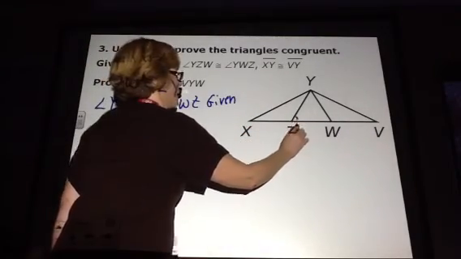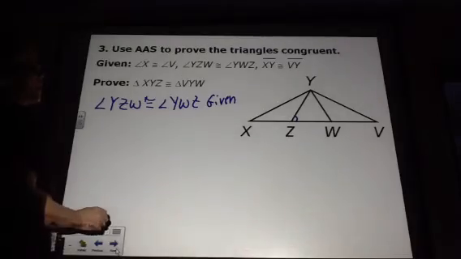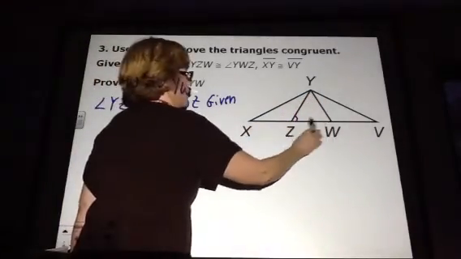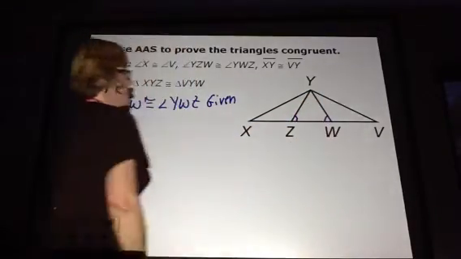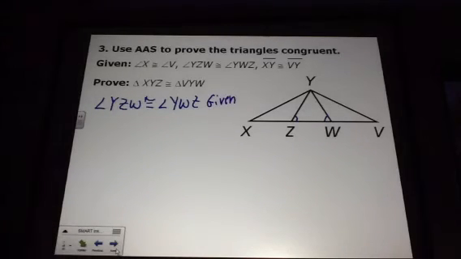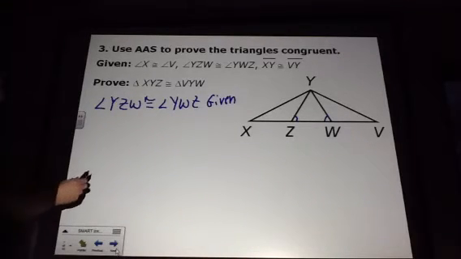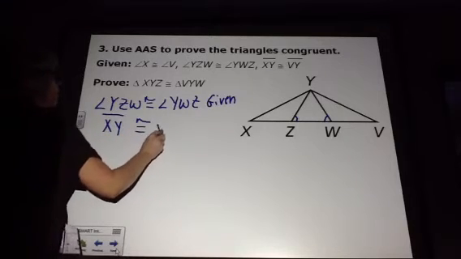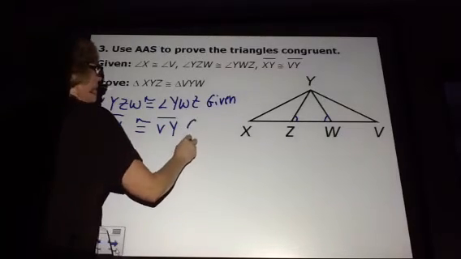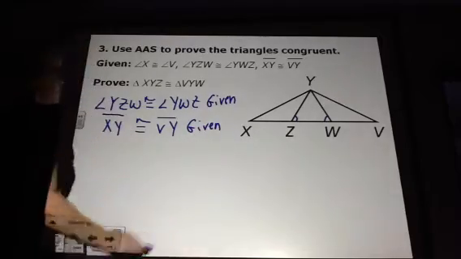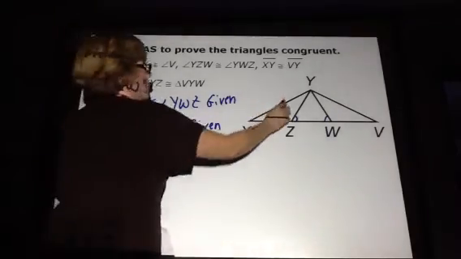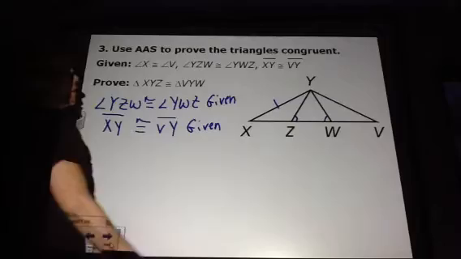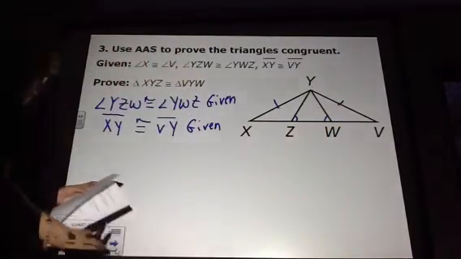YZW, this angle, is congruent to YWZ, this angle. XY is congruent to VY. This is given.